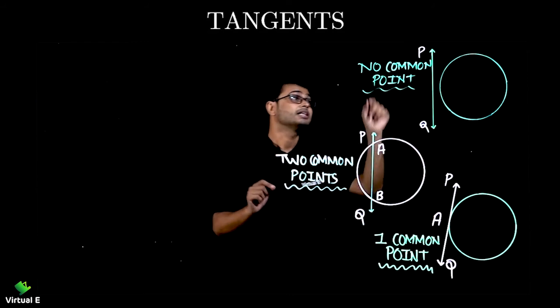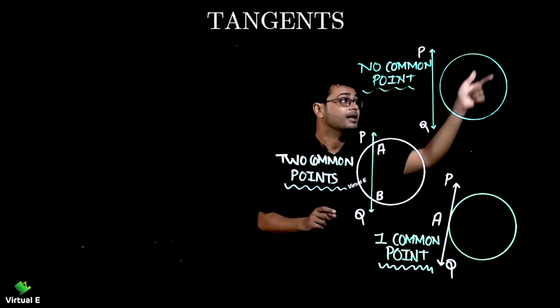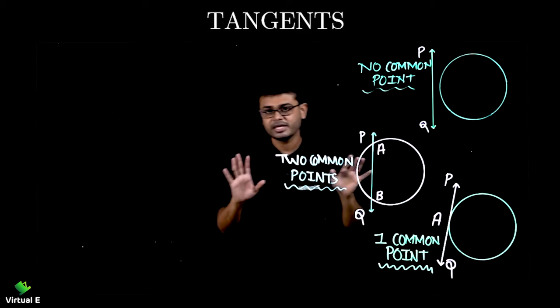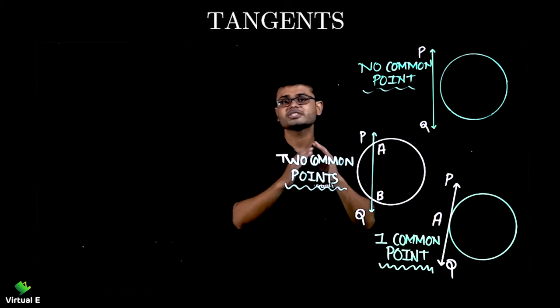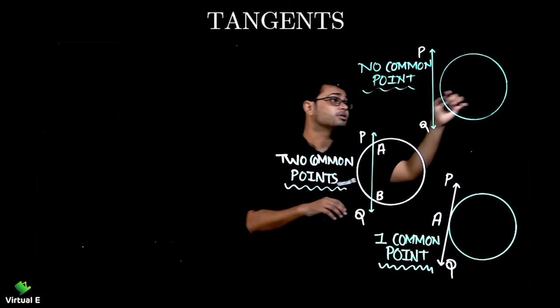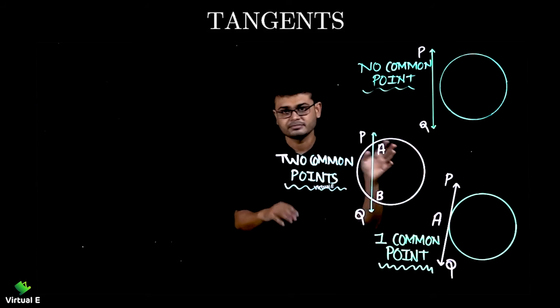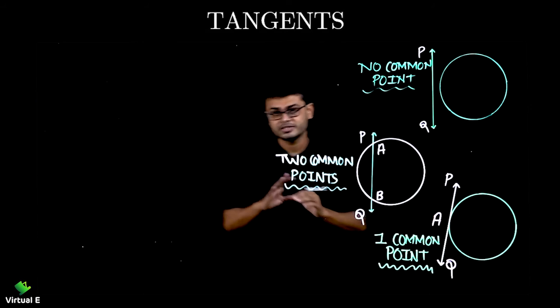In that case, there will be no common point between the line and the circle. Simple case. The line is outside of the circle, so obviously there is no intersecting point. There is no common point between them. Done. This is the first case when the line is outside the circle.